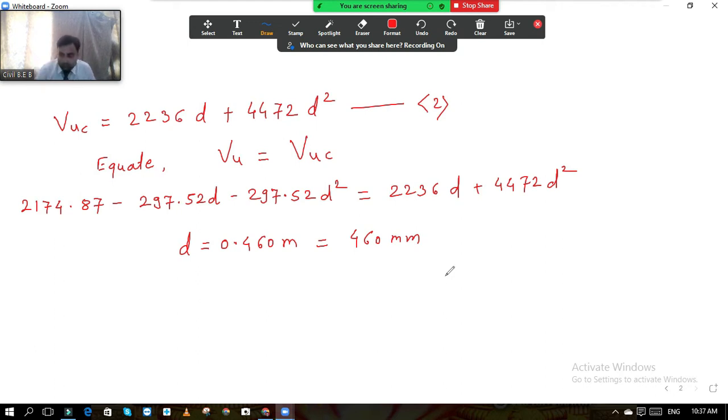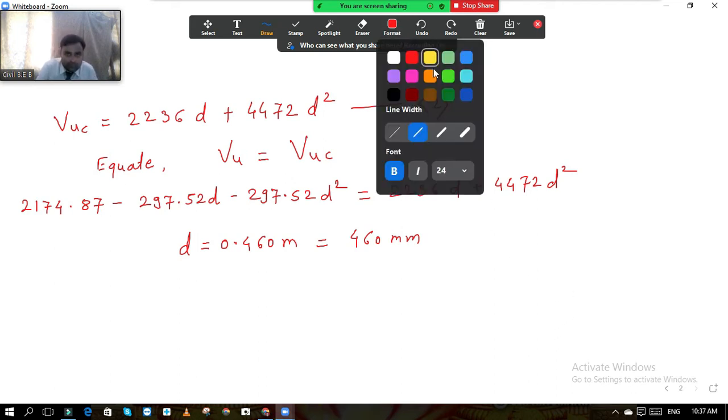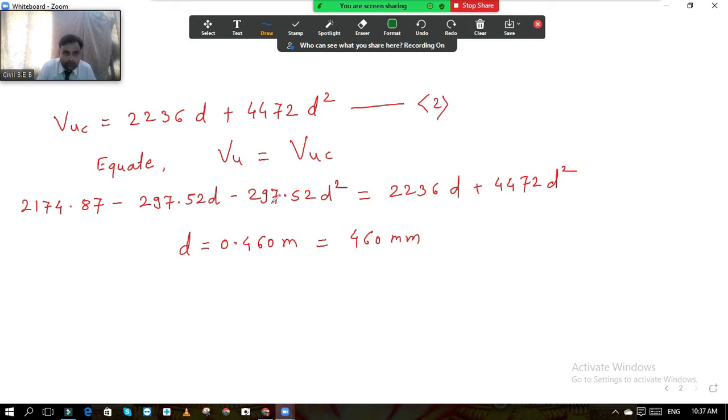Then secondly, now we will evaluate the depth from one-way shear consideration. I will write over here: depth from one-way shear consideration.